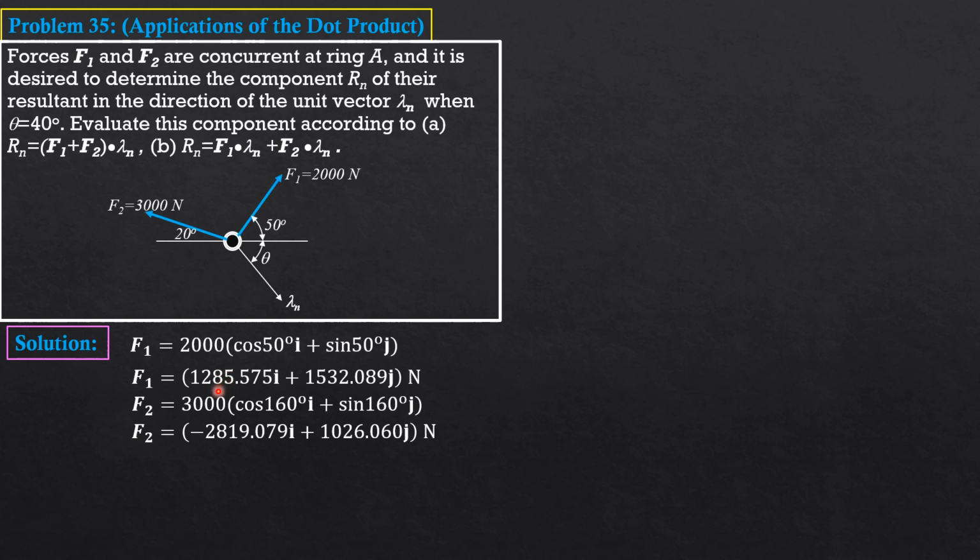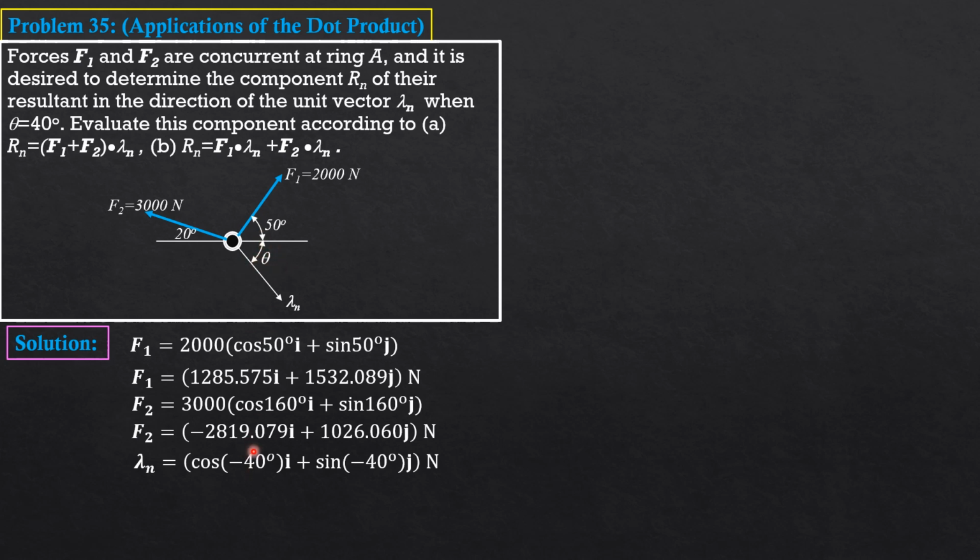So F1 plus F2 is 1285.575 minus 2819.079 I. Then, lambda n is cosine of negative 40 because theta is 40 degrees and it is clockwise, so the angle is treated as negative 40.